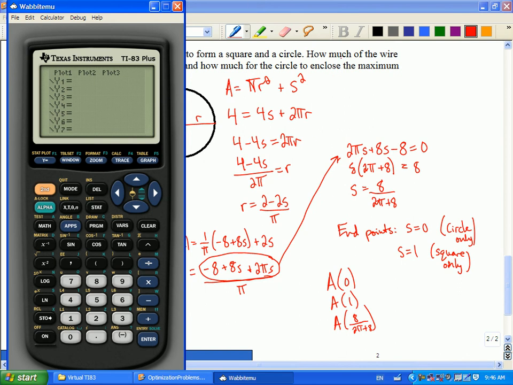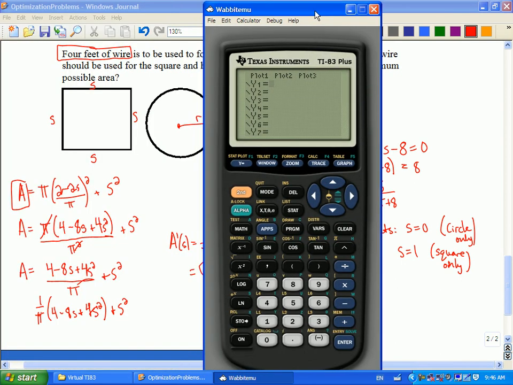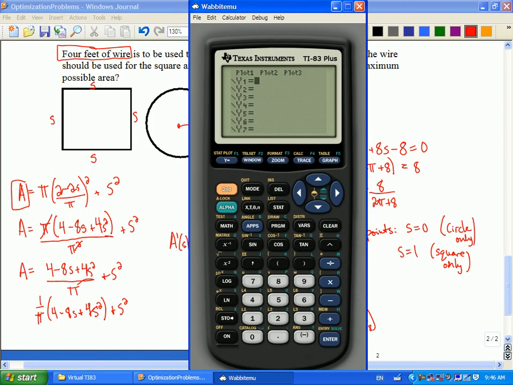Okay, so just a reminder, the function that I'm trying to maximize is this one right here. Oh, sorry, we simplified it to this one down here: 4 minus 8x plus 4x squared, divided by pi, plus x squared.